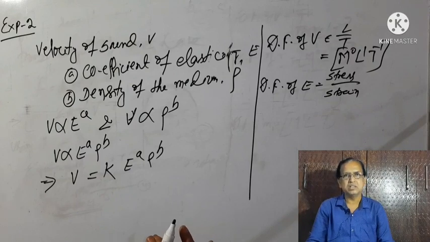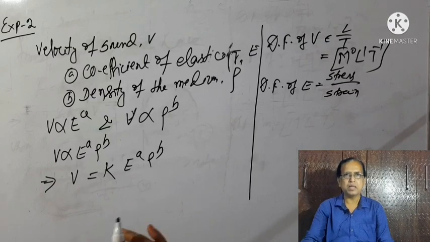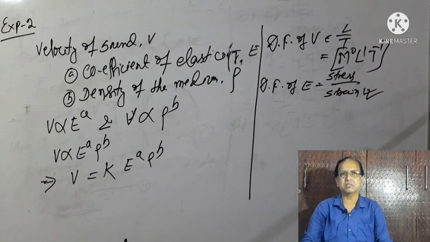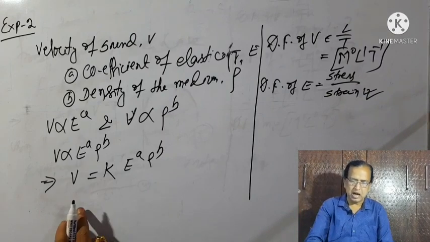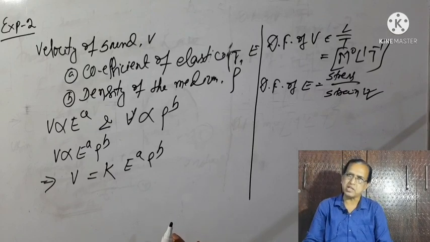Strain is change in dimension by original dimension, for example length by length, area by area, volume by volume. So strain is dimensionless. So the dimension formula of the coefficient of elasticity is equal to the dimensional formula of the stress.